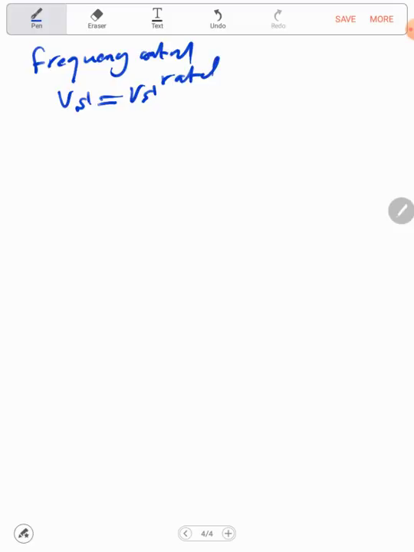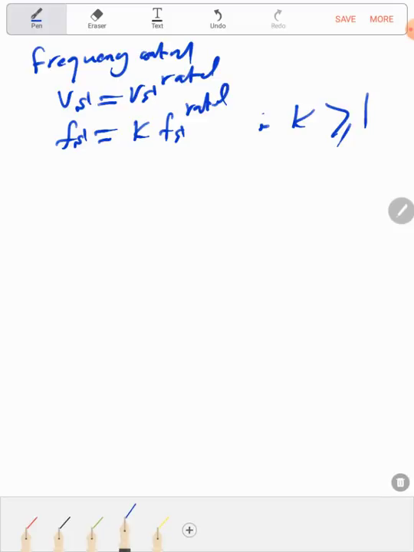So for frequency control, which is case number 2, the stator voltage is fixed at the rated value, while the frequency is increased above the rated. And here K is greater than or equal to 1 to include the switching point.